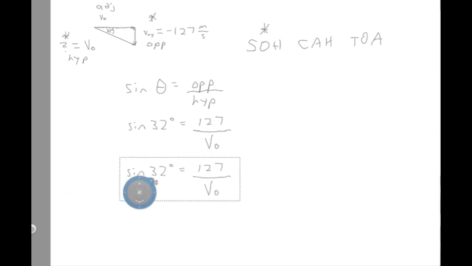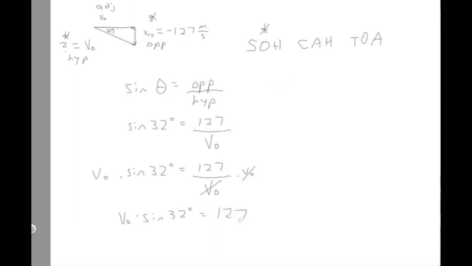So let's do that by multiplying both sides by V0. You see how multiplying by V0 helped to get the V0 away from the bottom of the fraction.